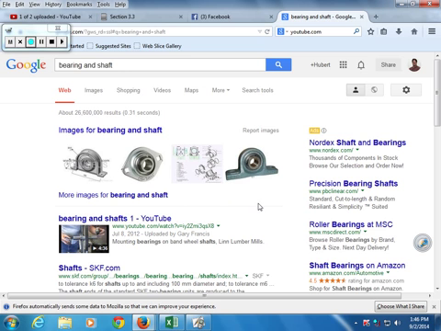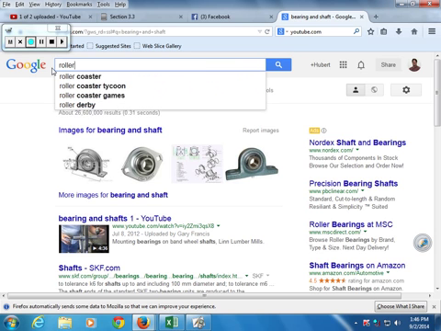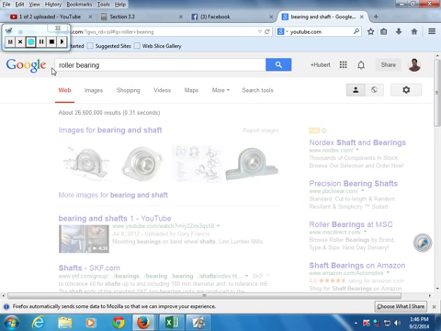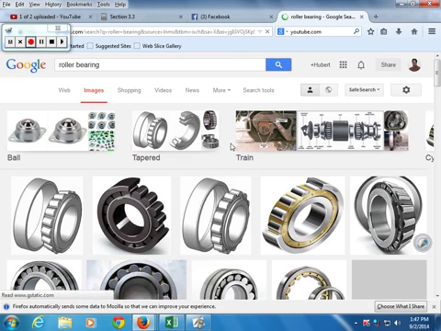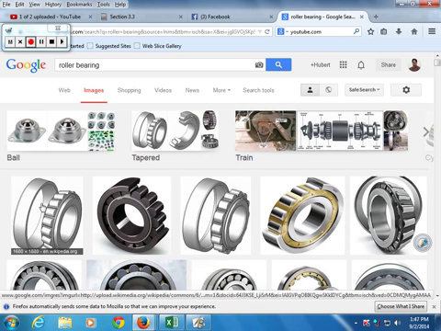For those of you that don't know what a bearing is, this is a roller bearing right here.